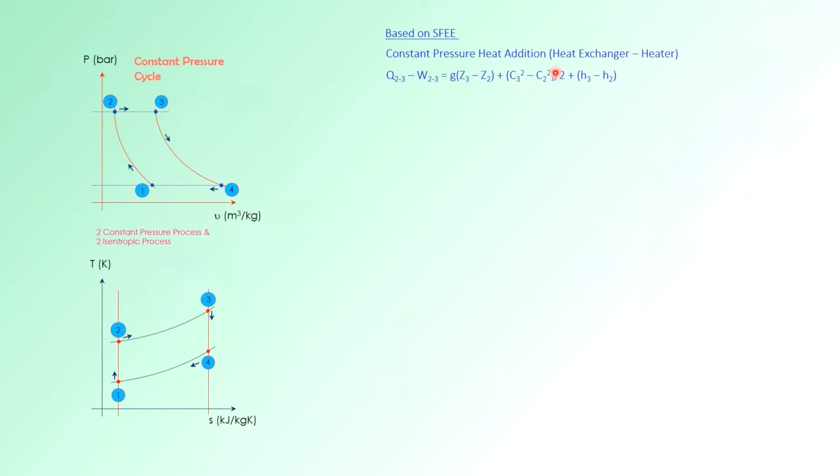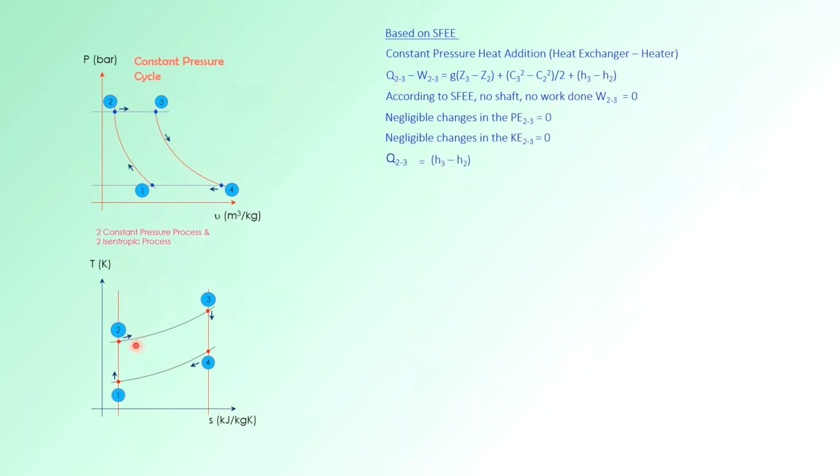The change in potential and kinetic energy will also be neglected. So the heat will only be equal to the change of enthalpy for steady flow. The work is 0, the specific potential energy change is 0, and the specific kinetic energy change is 0. What is left over is Q and H only.